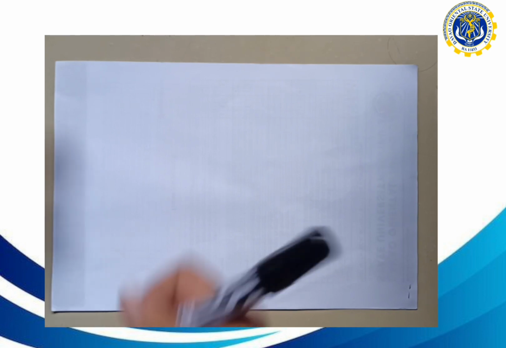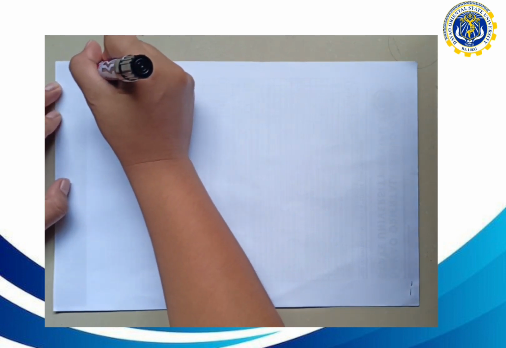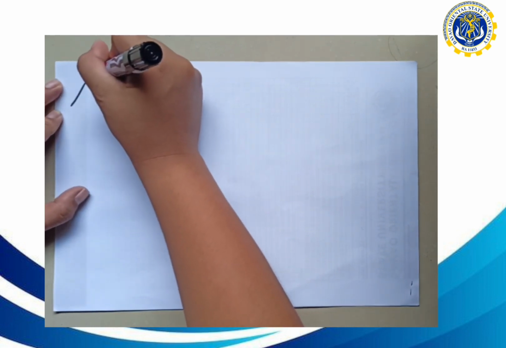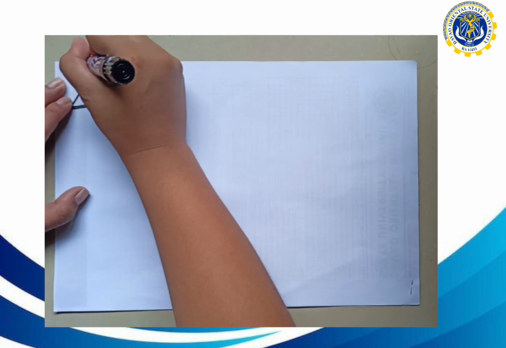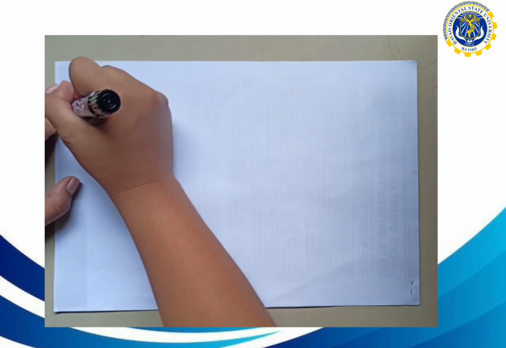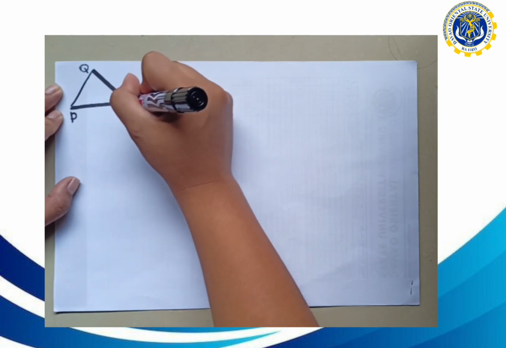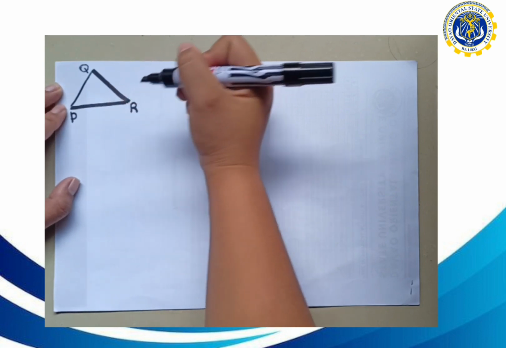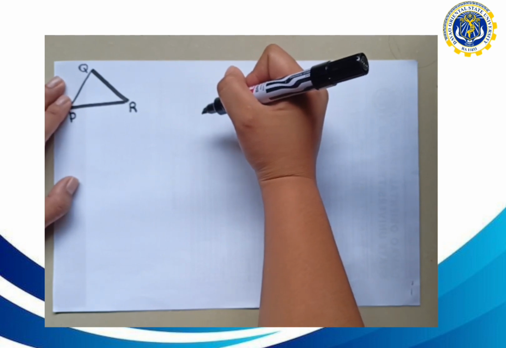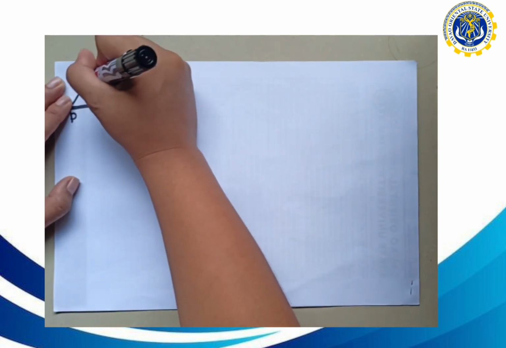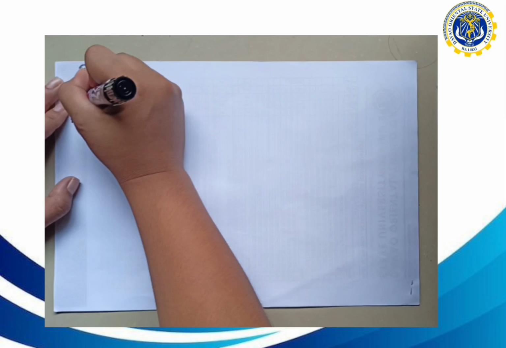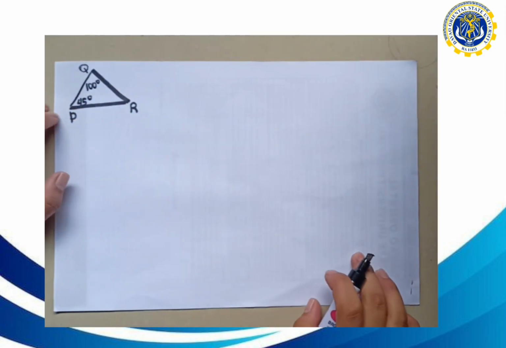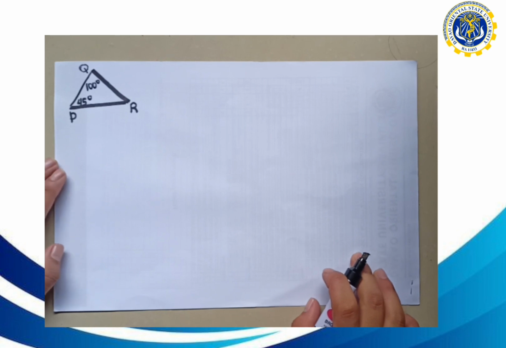So we have a triangle Q, P, and R, where the given measure of Q is 100 degrees and of P is 45 degrees. So all you need to do is to find the measure of the third angle in each triangle.